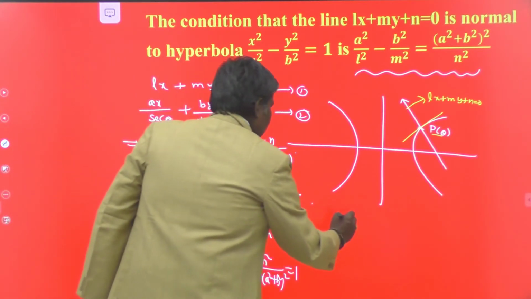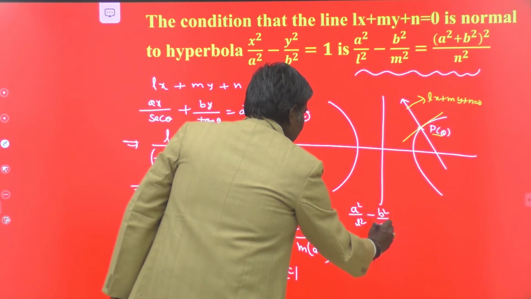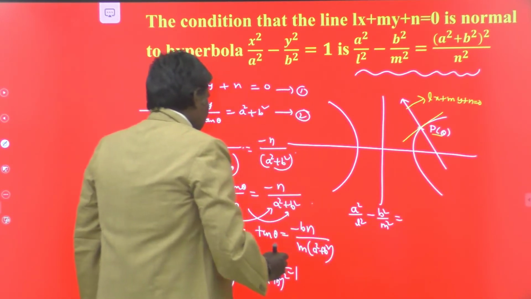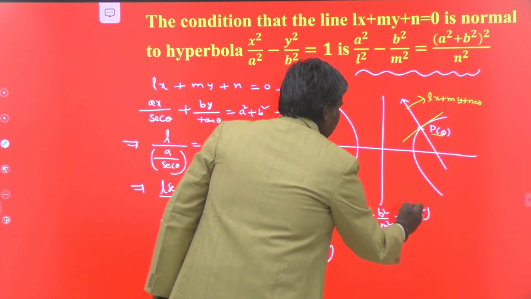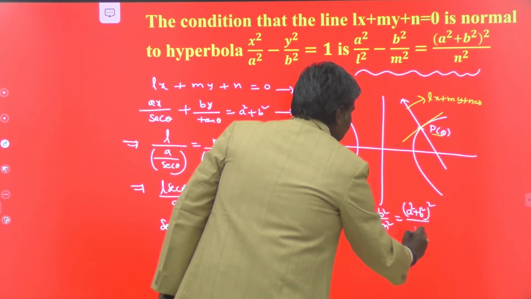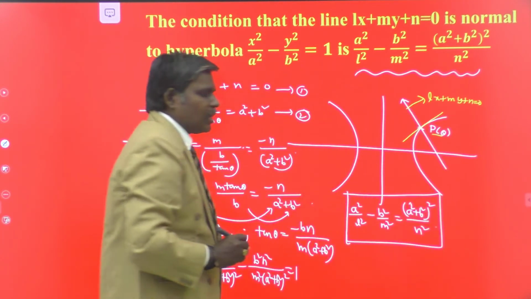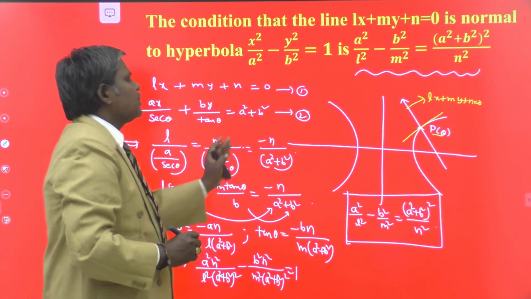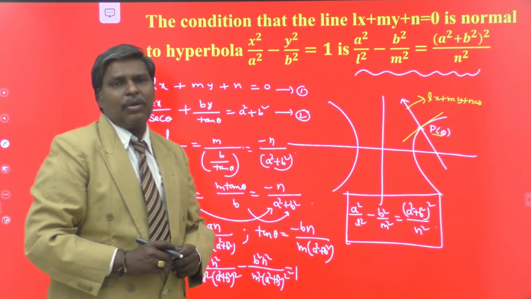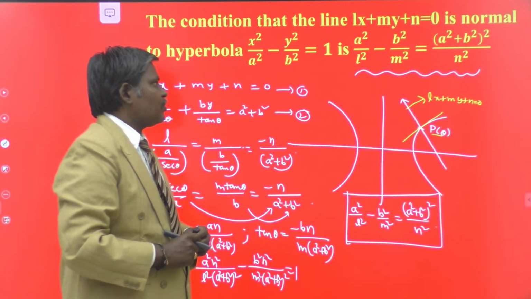We obtain a²/L² − b²/m² = (a² + b²)²/n². This is the condition that your line Lx + my + n = 0 is normal to the hyperbola x²/a² − y²/b² = 1.